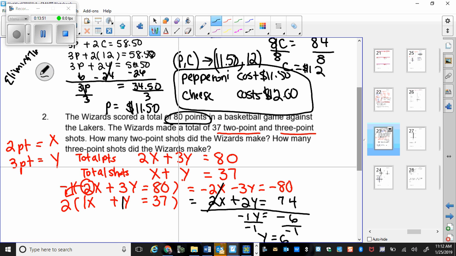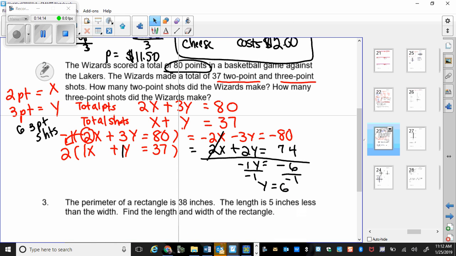So I have 6 3-point shots. That means I scored 18 points from those 6 3-point shots. The wording is confusing a little bit, so we have to be cautious and careful. Now for my 2-point shots, I choose equation number 2: x plus 6 equals 37 shots.